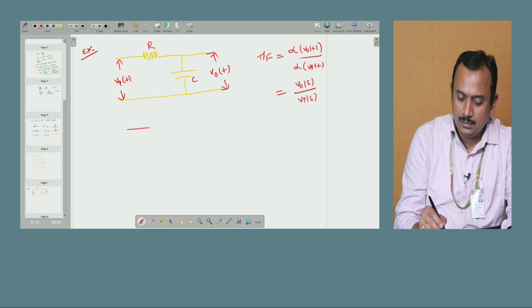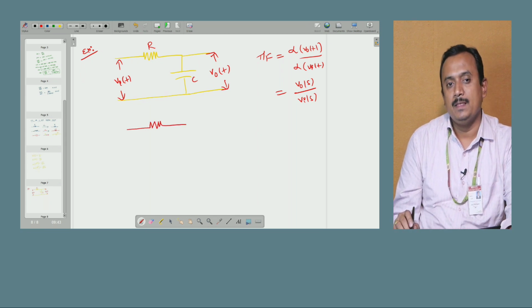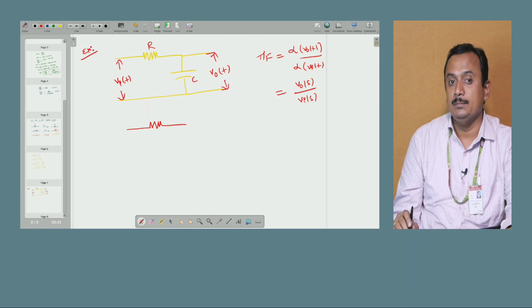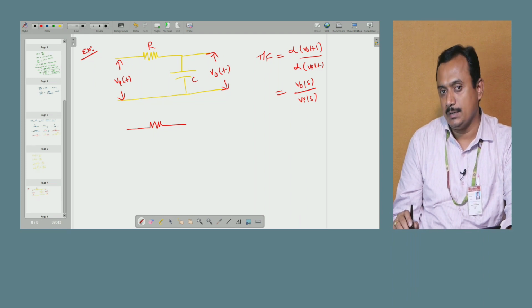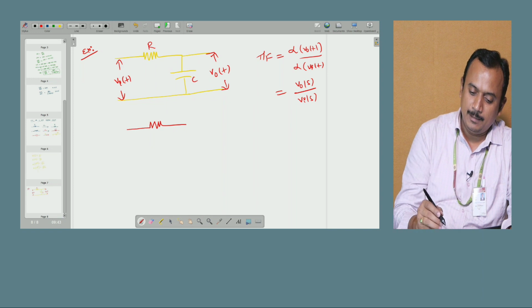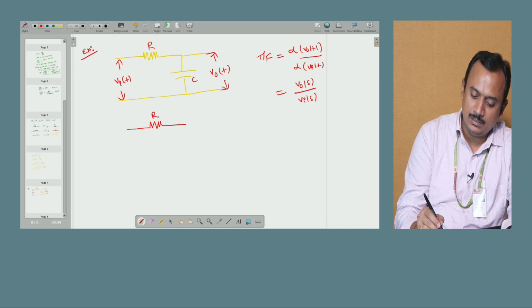For that, previously I have given the Laplace transform of each element, that is resistor and capacitor. The Laplace transform of a resistor is anyhow R. See, we are writing the Laplace transform equivalent circuit.